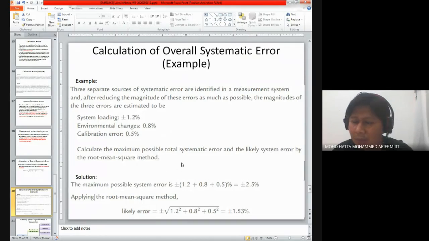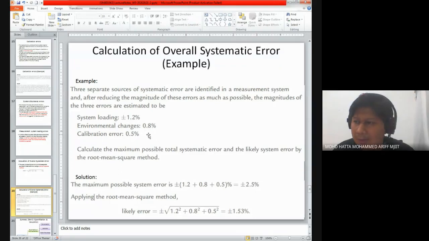Before we get into the calculation, if you look at the values for system loading, environmental change, and calibration error, it is easy to say that the maximum possible system error is the sum of these three.